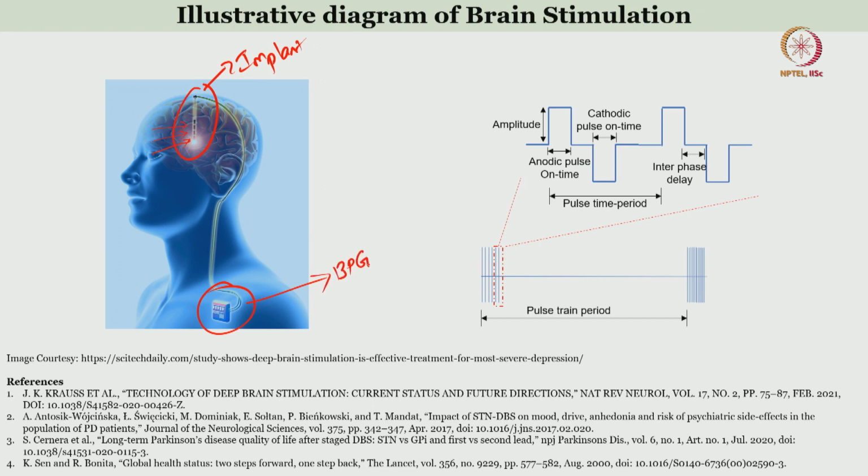The most preferred target region in the brain is the STN, the subthalamic nucleus, where this implant is inserted and electrical signals are applied. It is observed that the tremors have reduced and some of the symptoms have been relieved.